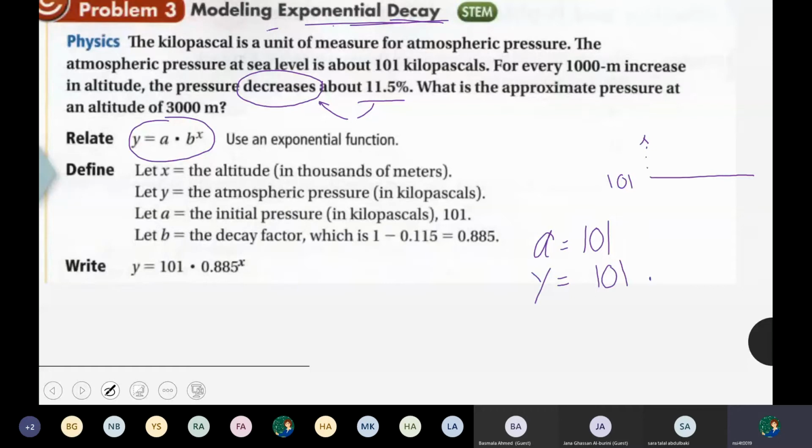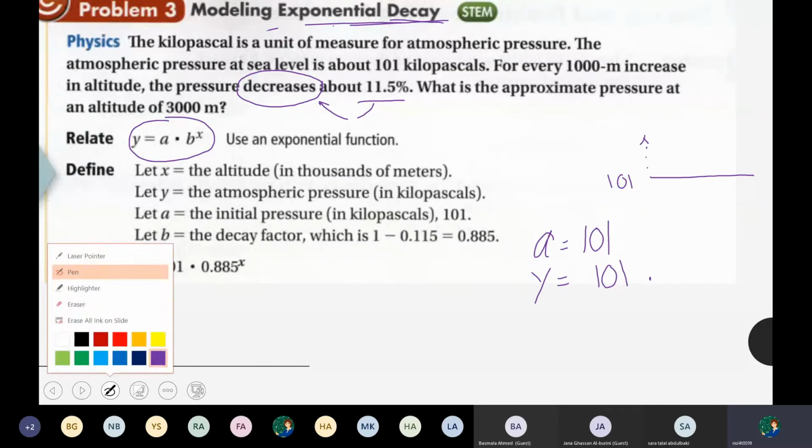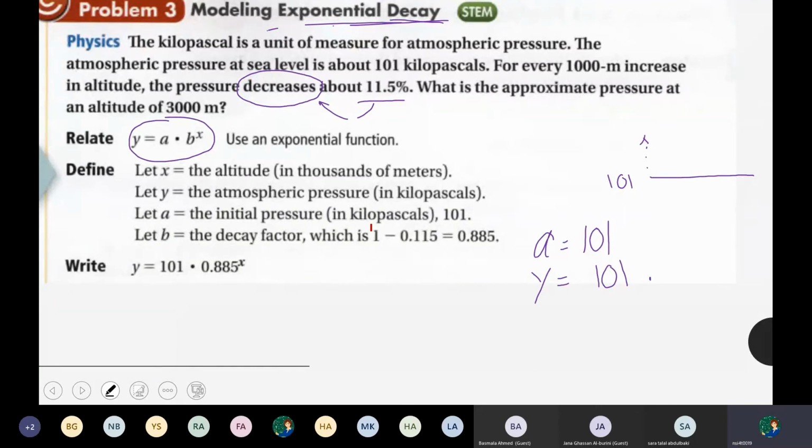I want to find b now, which is my rate, my decay factor. To find the decay factor, it is 1 minus the number. Okay, now I want to find the rate as a decimal.